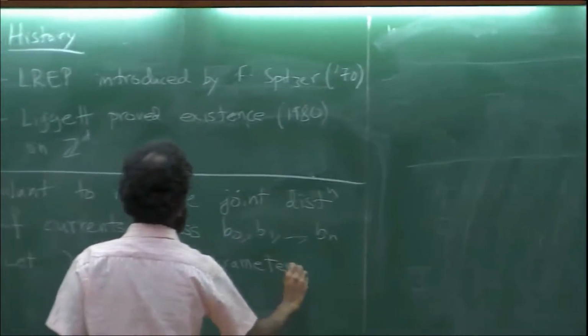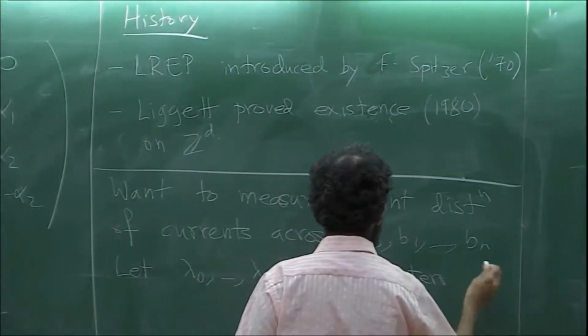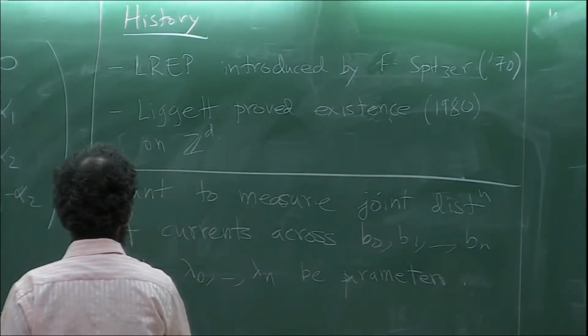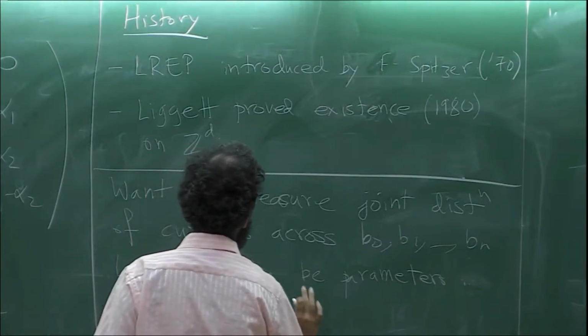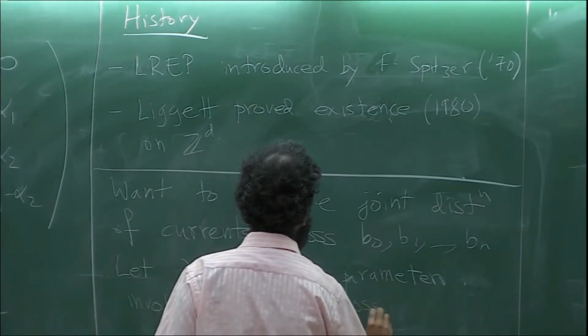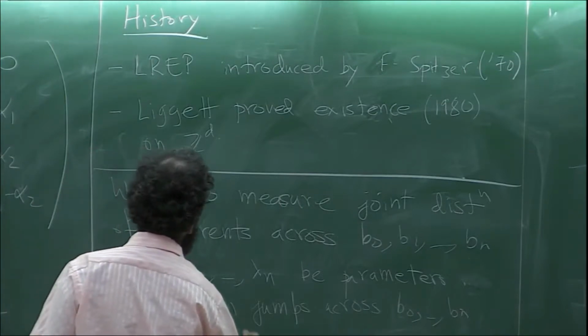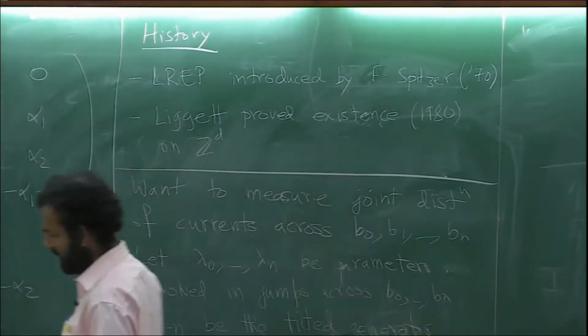Let lambda naught up to lambda n be the parameters, well, conjugate to the current in a sense, involved in jumps across bonds B0 up to Bn, and let Ln be the tilted generator. This is, of course, standard knowledge to the experts.